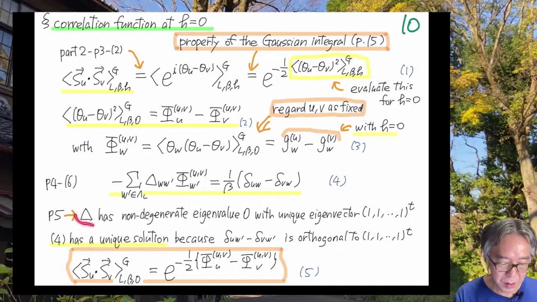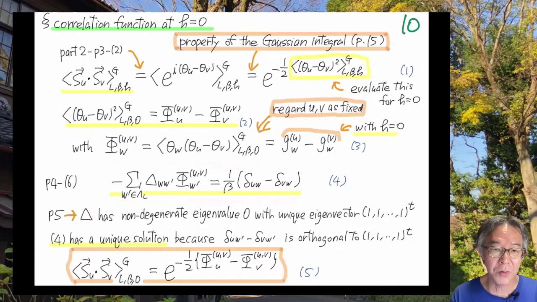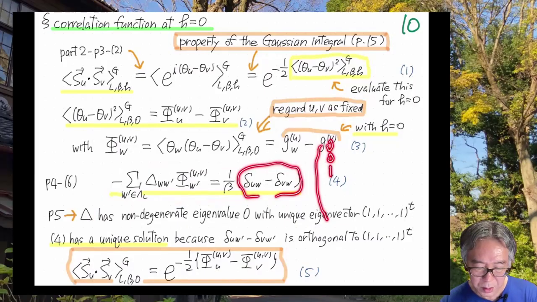Then this matrix does not have an inverse. Then this kind of equation is, of course, very dangerous. But in this case, we are safe. Why? Well, viewed as a vector, recall that u and v are fixed. So as a vector, this is simply a vector which has 0 and 1 for u and 0 and -1 for v.